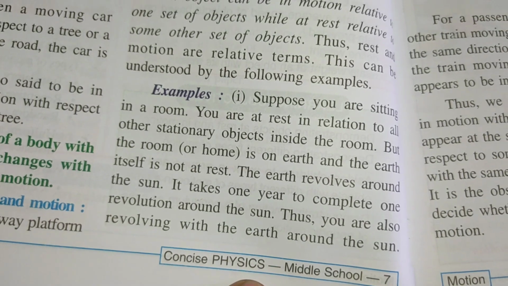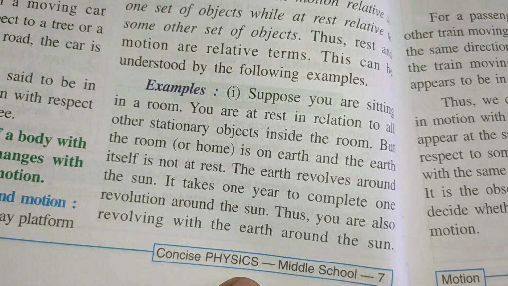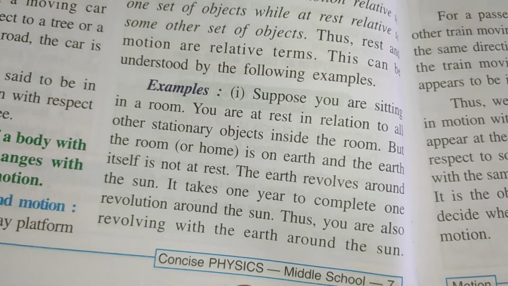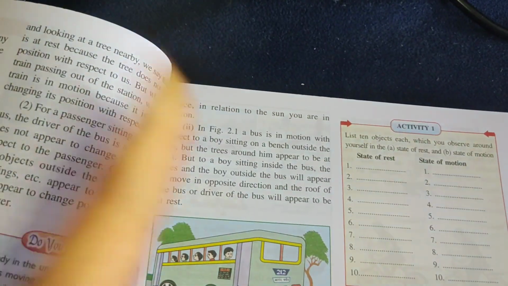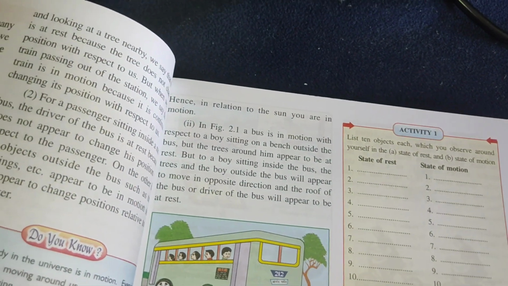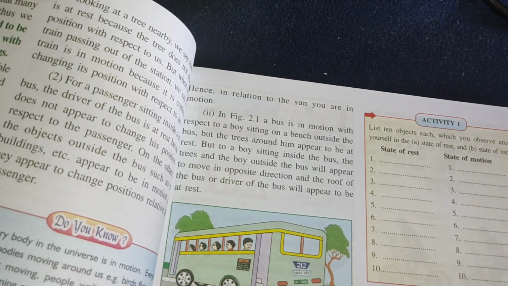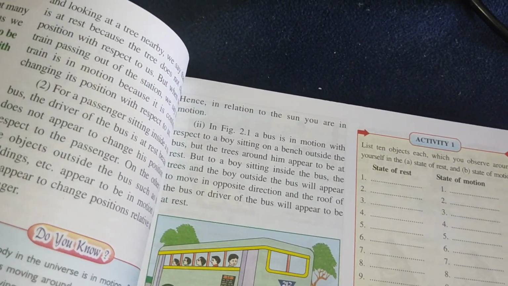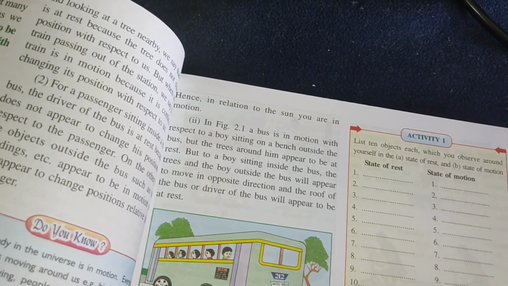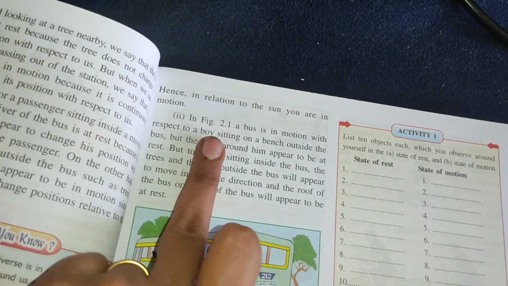It takes 1 year to complete one revolution of the sun. So you are also revolving with the earth around the sun. In relation to the sun, you are in motion. In relation to the surroundings in your room, you are at rest. Some objects will be at rest from one perspective and in motion from another perspective. Like this we can differentiate.